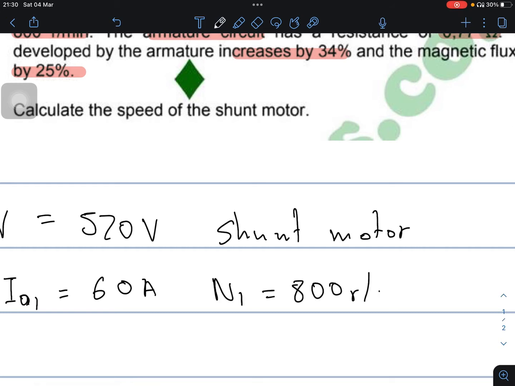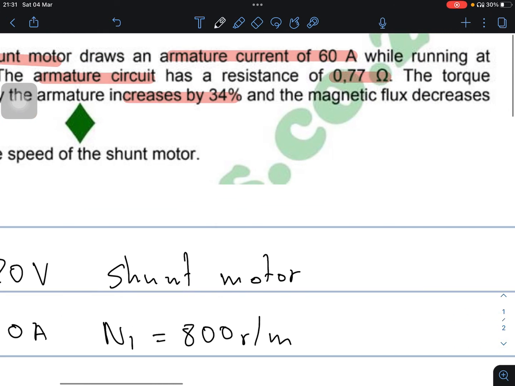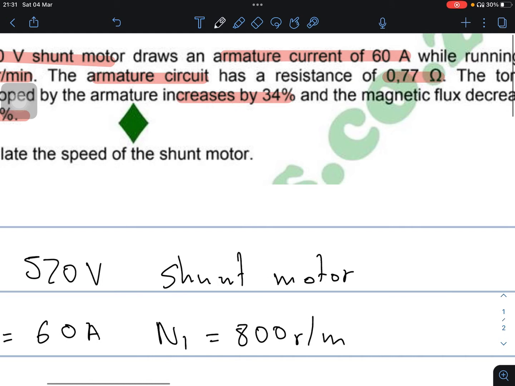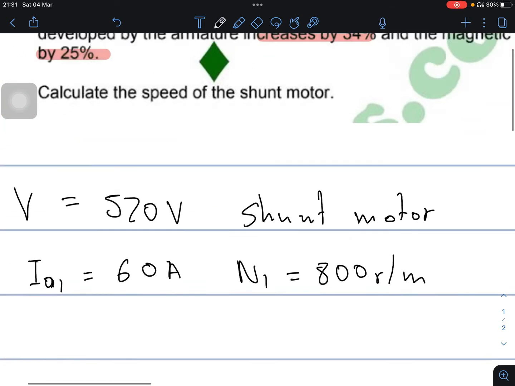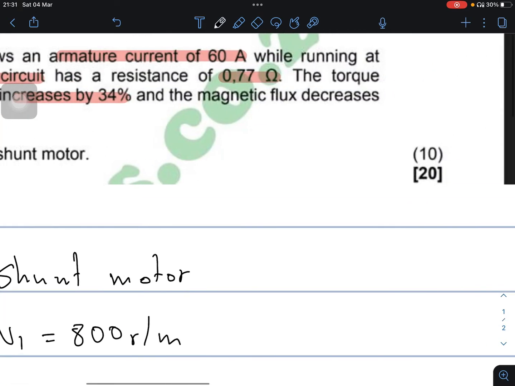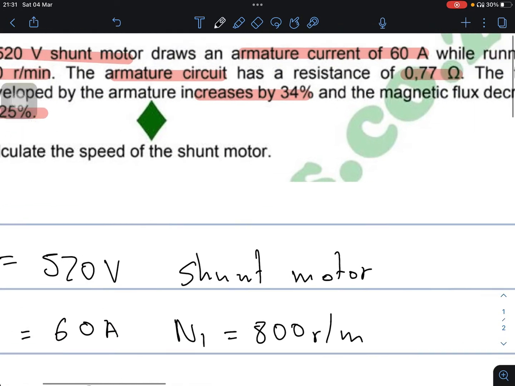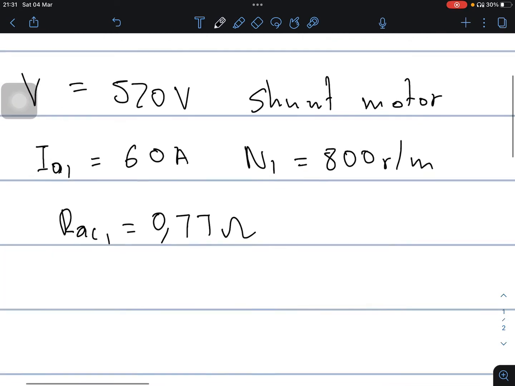Then they say the armature circuit has a resistance of 0.77 ohms, RAC1.